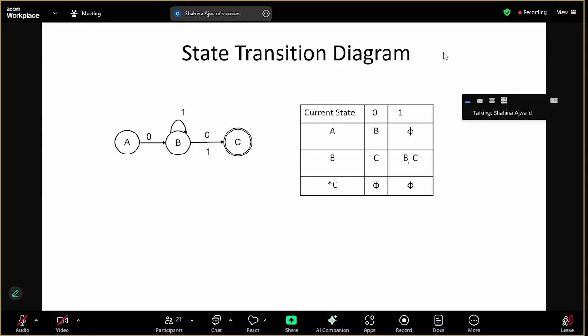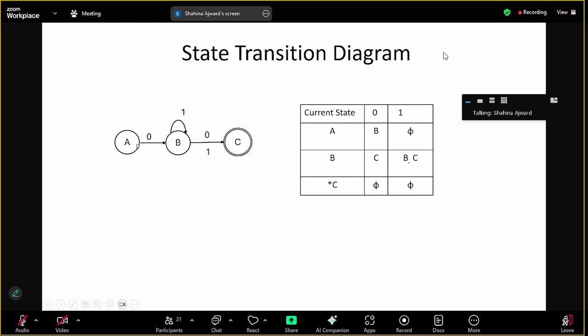So when you start from the current state A, it receives input 0, then the state changes to B. That's how we mentioned it over here. Then for the input symbol 1, we don't have anything, right? So it is not defined.